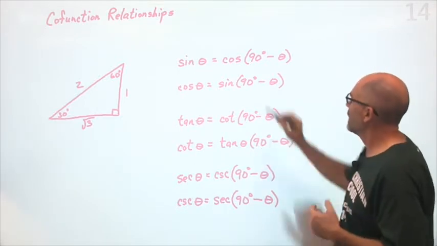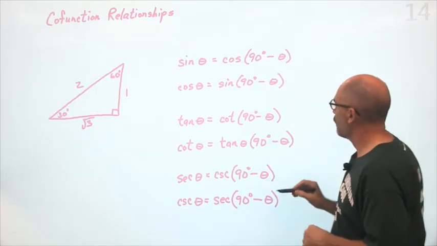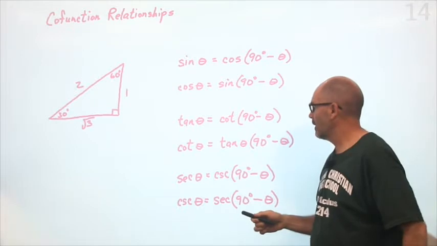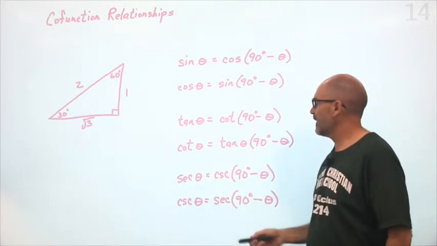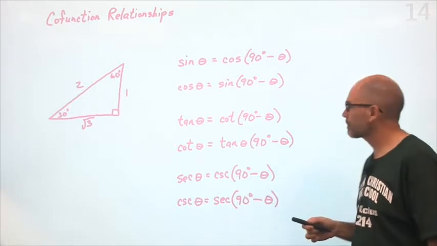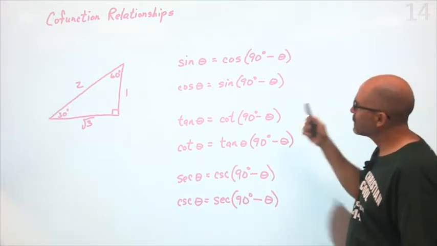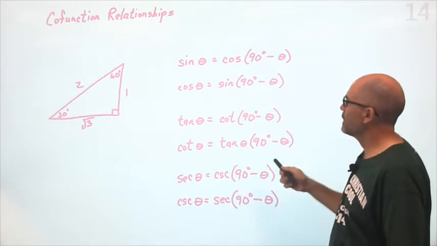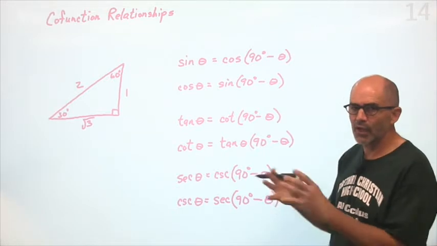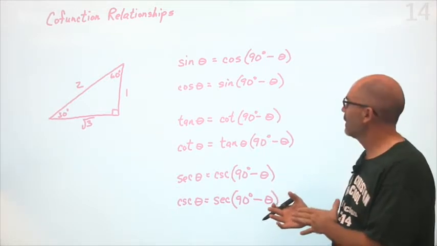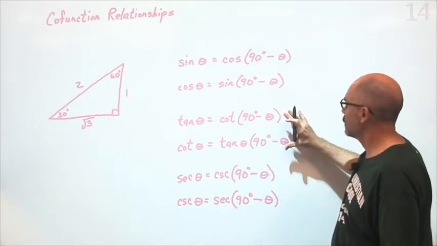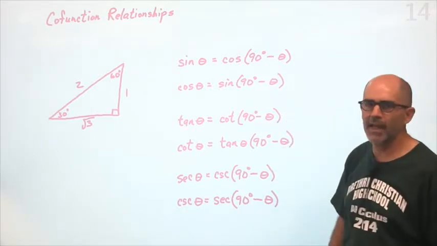Now, because sine and cosine are cofunction relationships, secant and cosecant are as well. So secant of any angle will be cosecant of the complement of that angle. Now, that's just one of those things that you want to keep in your mind. So anytime you're given a sine value, you know the cosine value. So we've got sine and cosine matched, tangent, cotangent matched, and secant, cosecant matched.